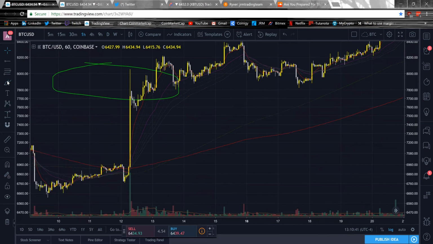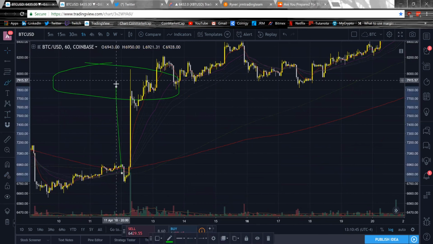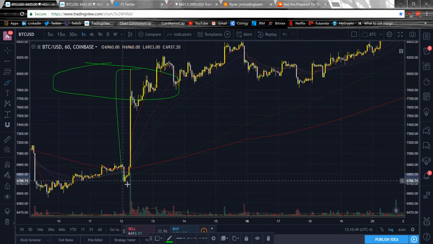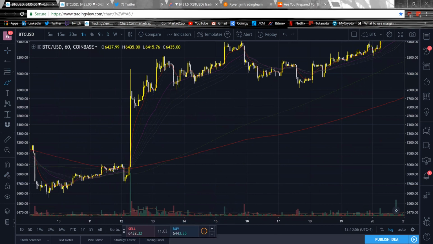But this has put in a big wide range on the chart that is now quite pivotal, or at least potentially pivotal, because a lot of big real money entered the market at this area. So any pullbacks of this, I want to be a buyer of.